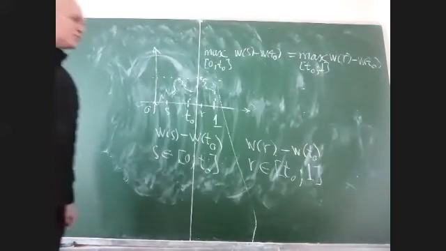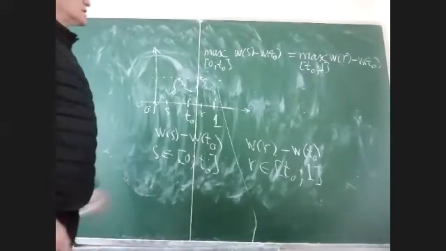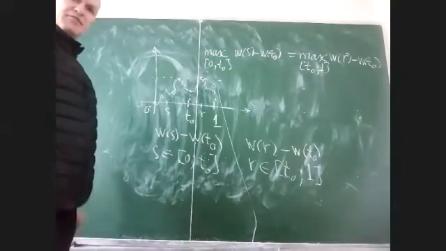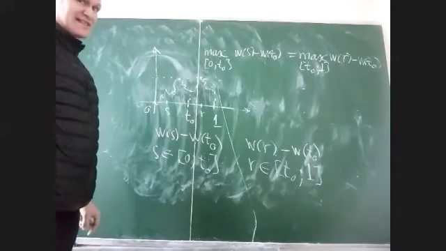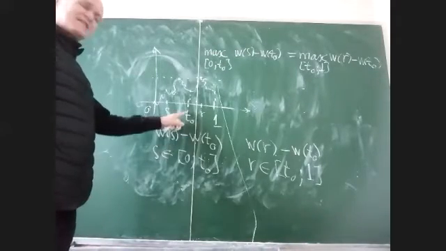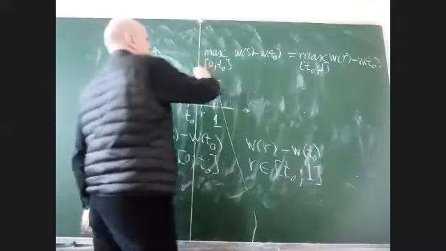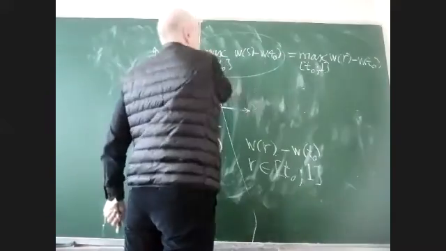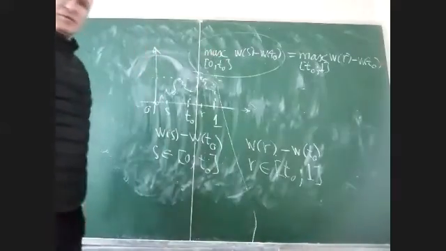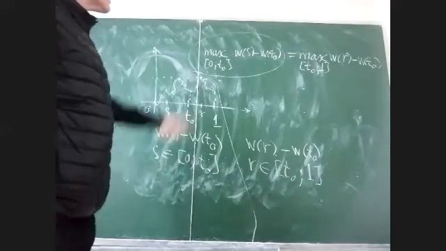So to understand that this event can happen with probability 0 for fixed t, we just have to understand the distribution of this random variable.